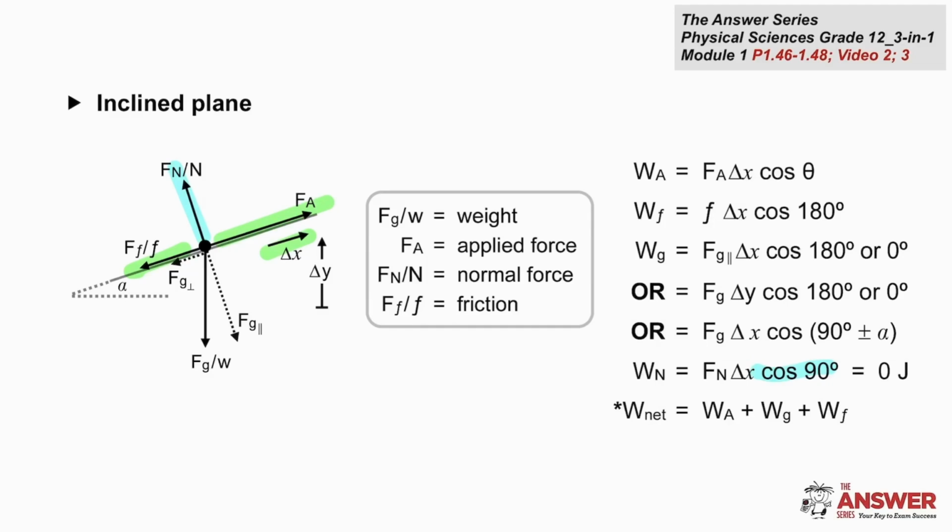Either use the component of the gravitational force parallel to the slope, or use the whole force and delta y. This second method only works if you know the vertical height of the slope. The third method uses 90 plus alpha or 90 minus alpha as the angle between the two vectors.